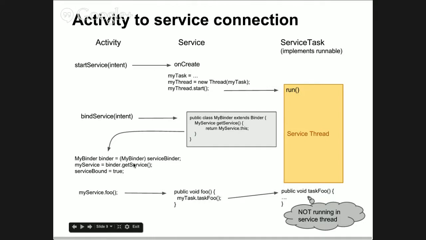Once we have a reference to the service, you can do myService.foo. This calls the foo method in the service. Now maybe your task has a taskFoo, and so in the foo method of the service, you can say myTask.taskFoo, where myTask is the task you have created to run in its thread.